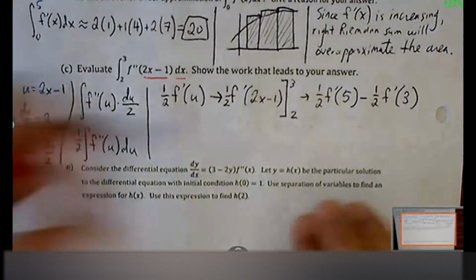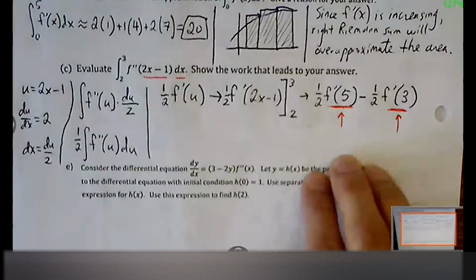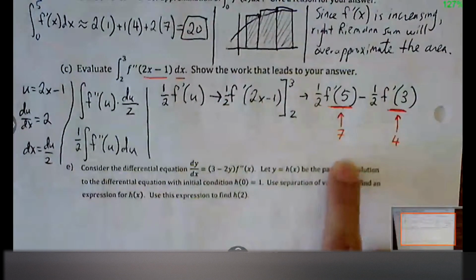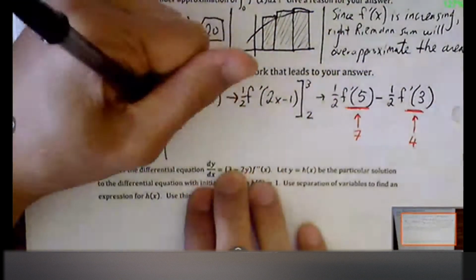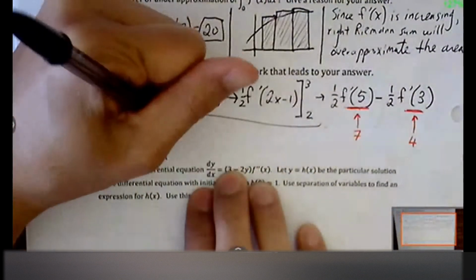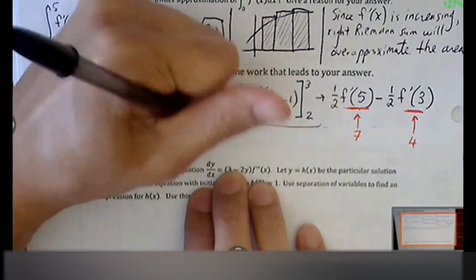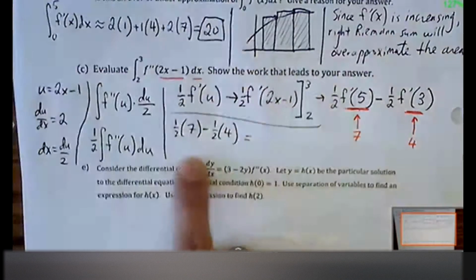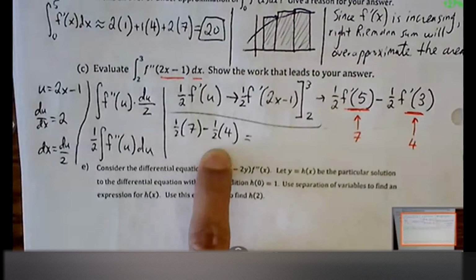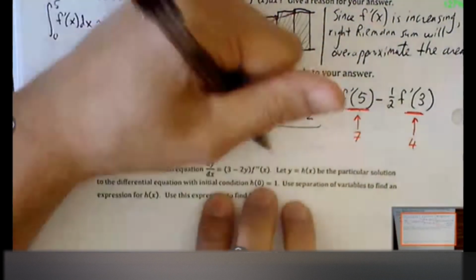We look at the top of the page, the table of values. We have specific values that we can insert there. F prime of 5 is 7. F prime of 3 is 4. So 7 halves minus 4 halves is equal to 3 halves. That's our answer.